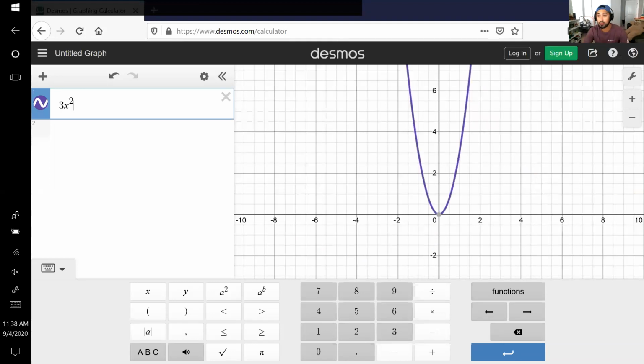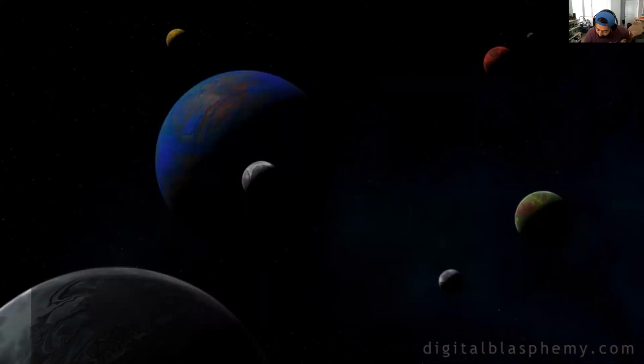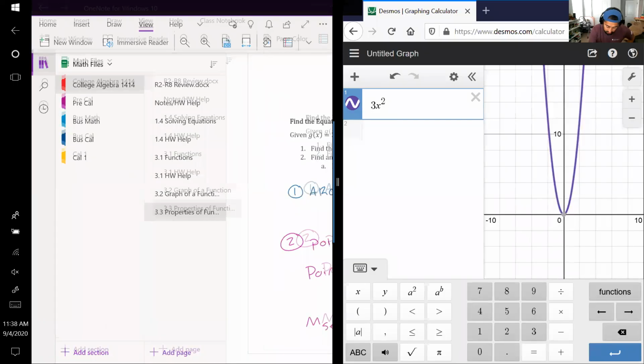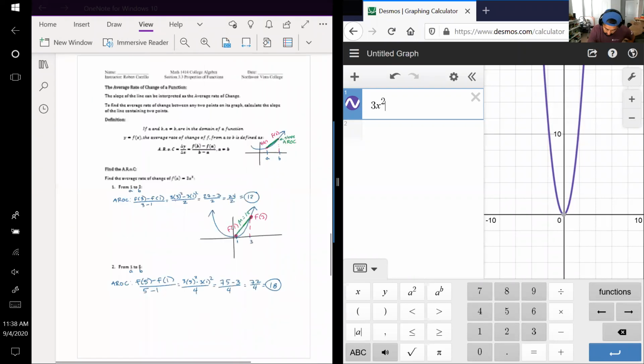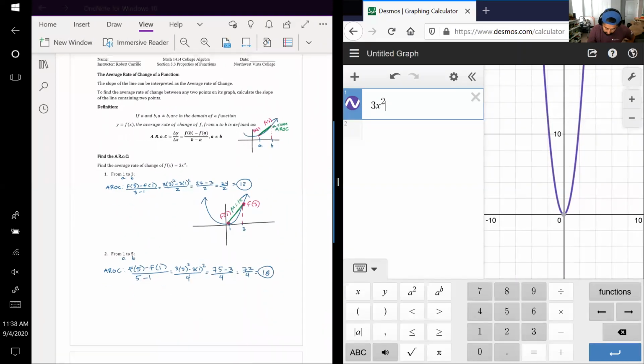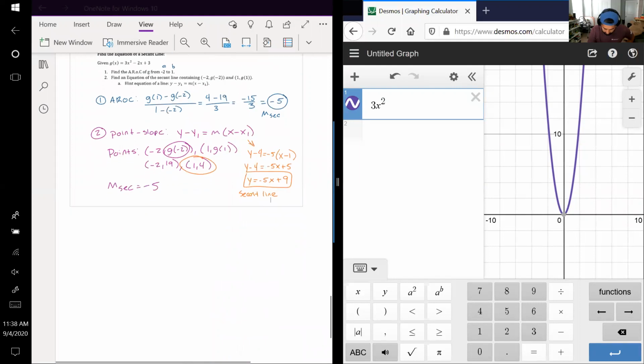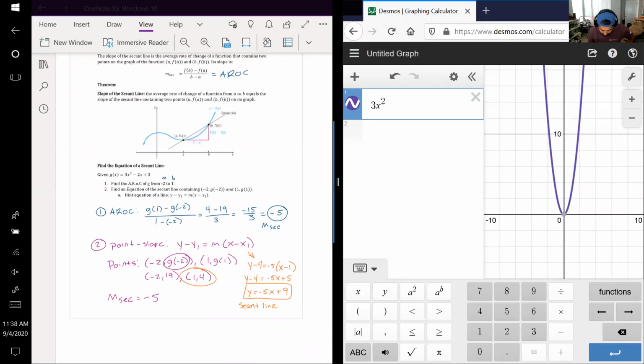I am recording on this screen. Actually, I can probably make it smaller for now. (3x squared minus 2x plus 3).